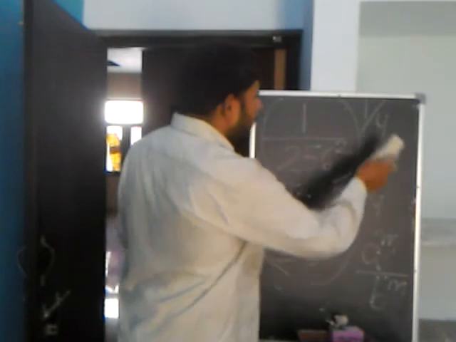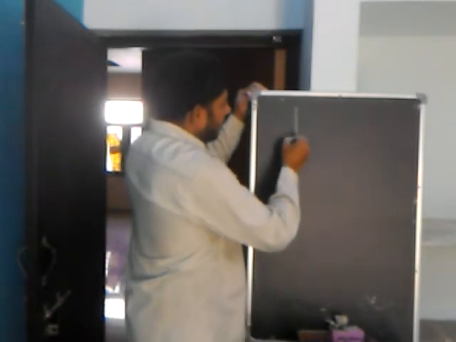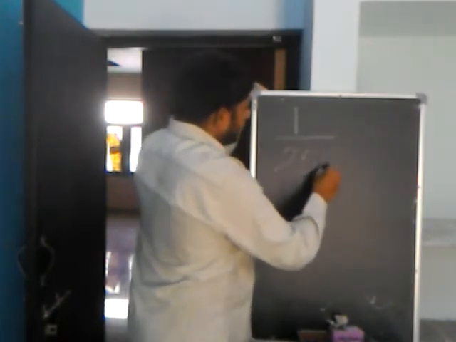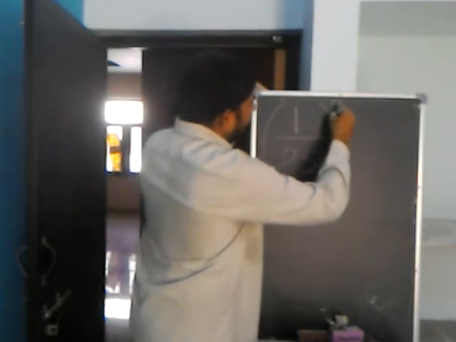Now we know that if there is power on power, first of all I will solve it. Let me solve it first. Now I can bring out the power outside of this, and I place this power like this.